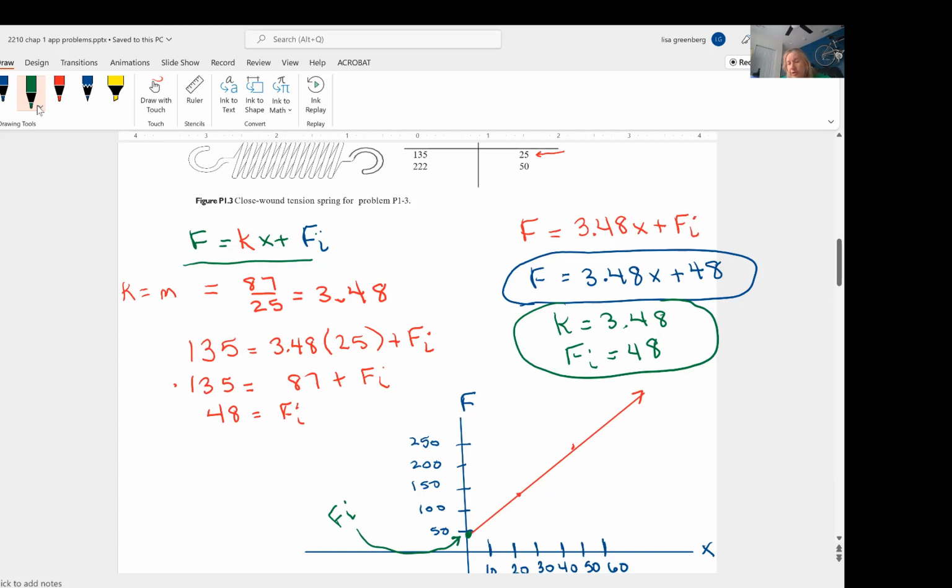That's the initial force. And our slope, maybe the best way to show our k is as the change in y over the change in x. So our k is equal to delta y over delta x.